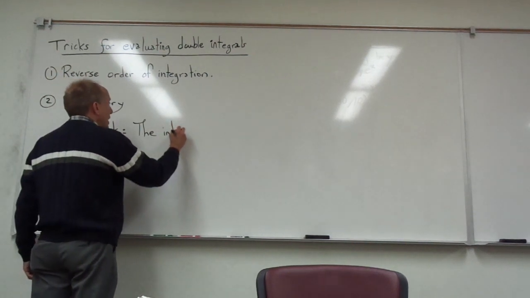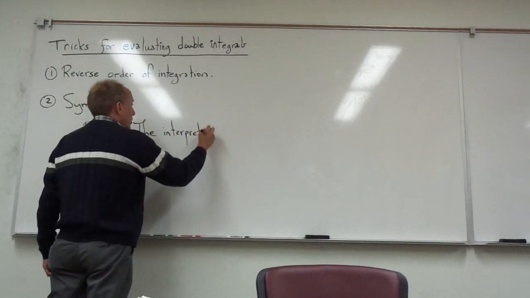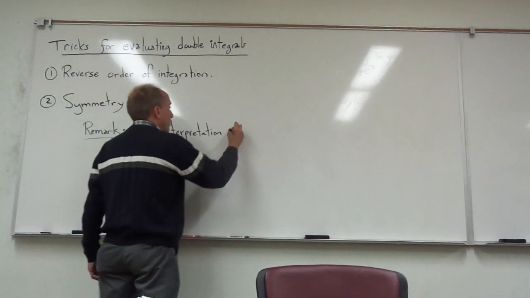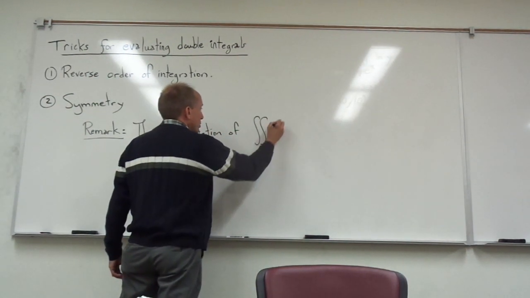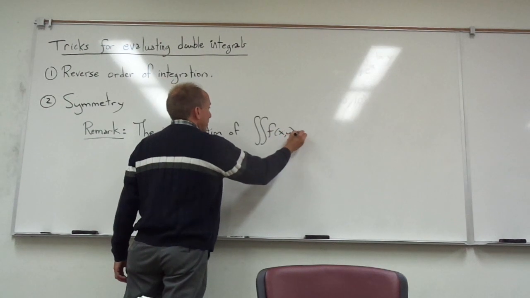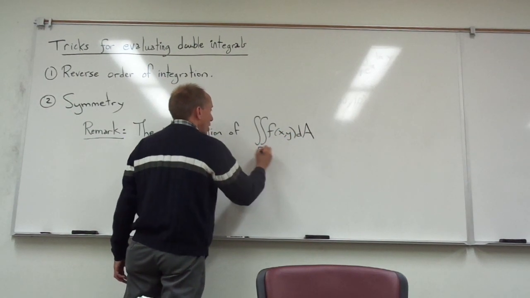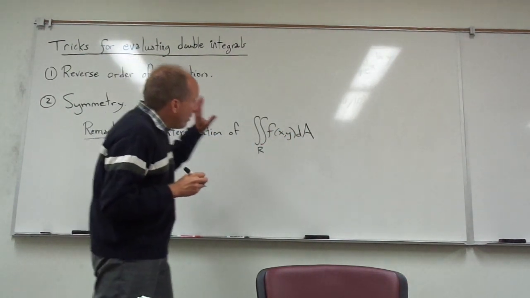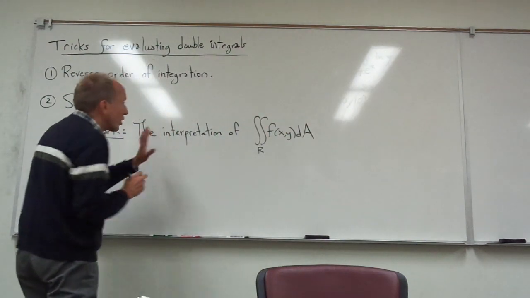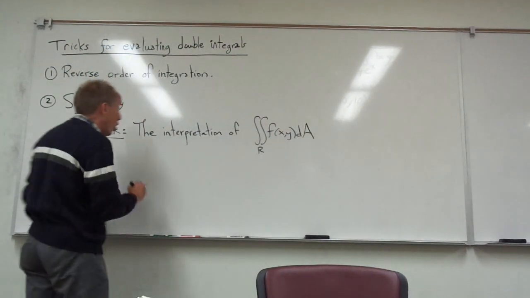The interpretation of this double integral, so whenever we look at this double integral of f of x, y, dA over a region R, when we first introduced this, we were interpreting that double integral as a volume.